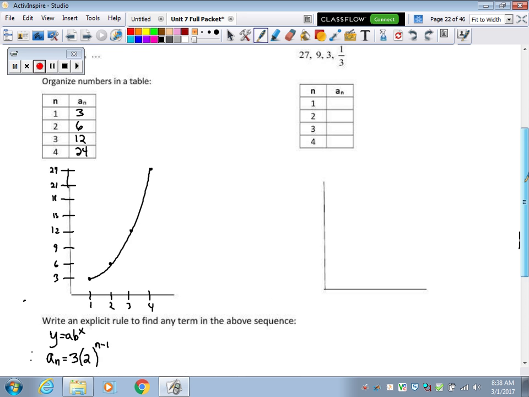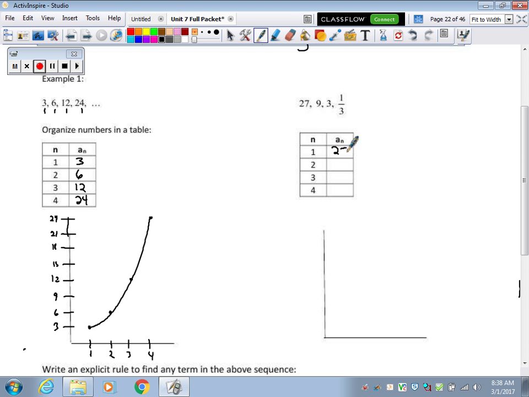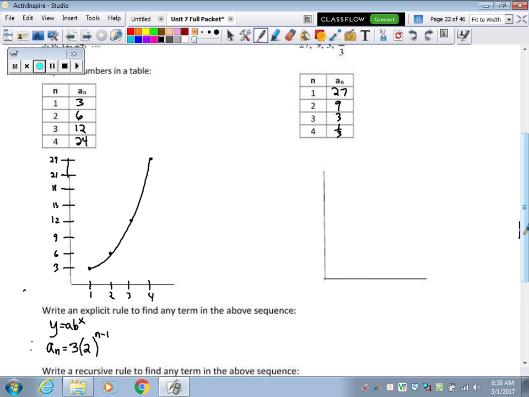Okay, let's look at the second example. What if the terms are going down? 27 to 9 to 3 to 1/3. Let me count up the axis by 3's: 3, 6, 9, 12, 15, 18, 21, 24, 27.